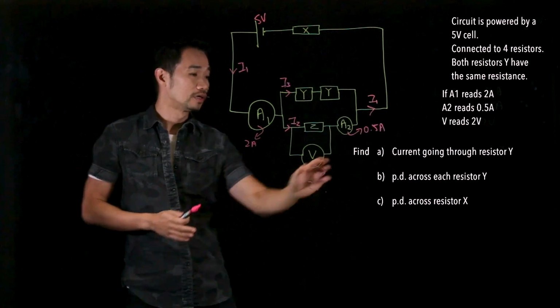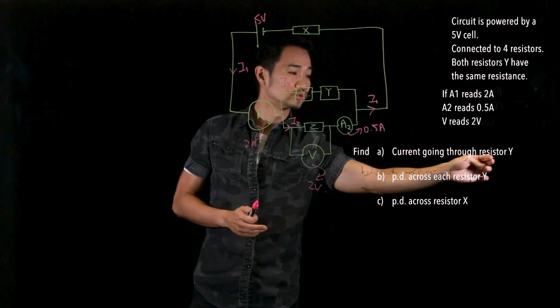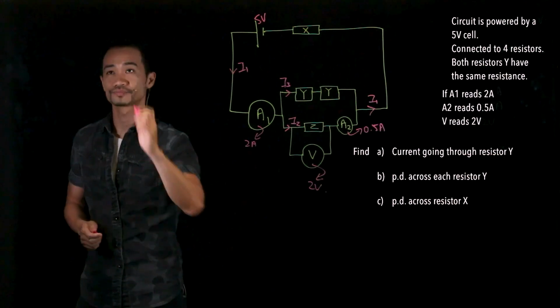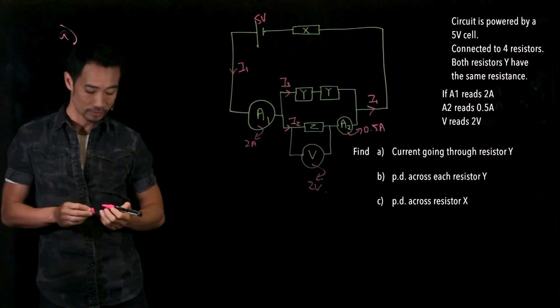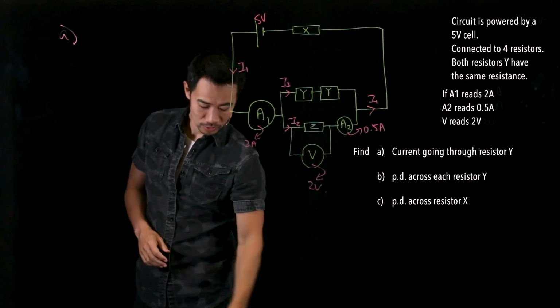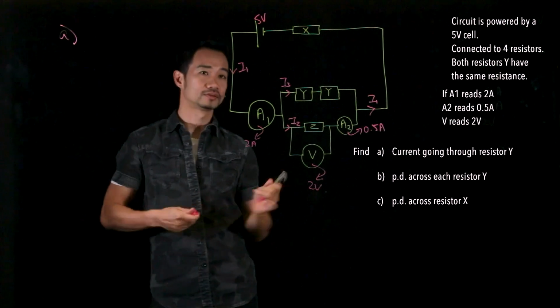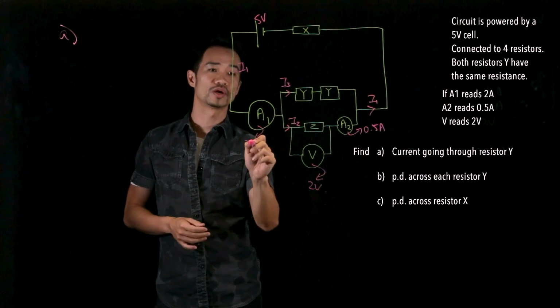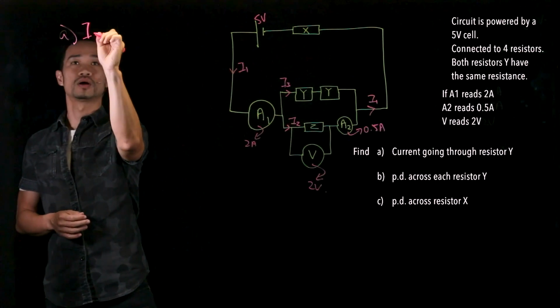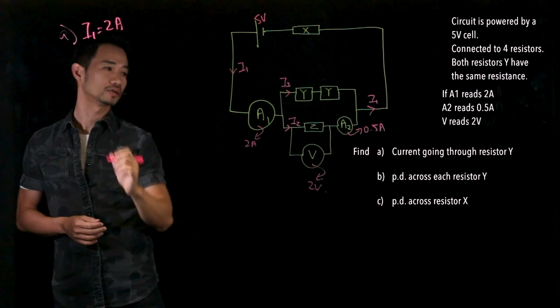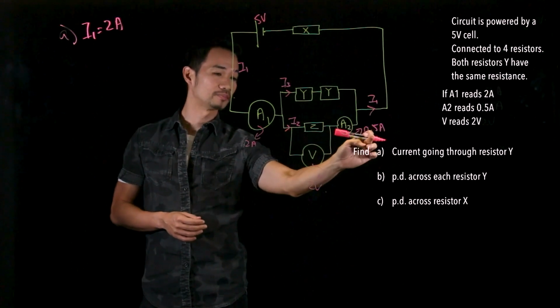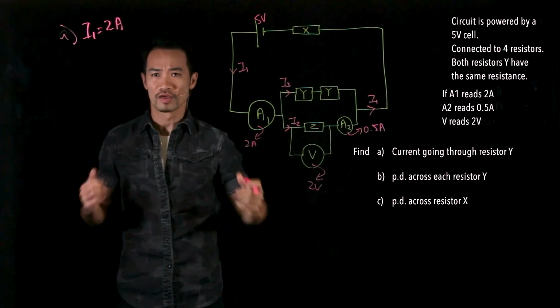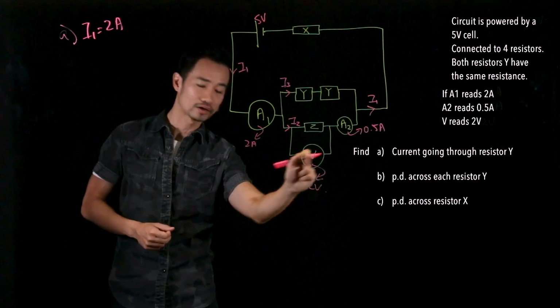So first question, A: find the current going through Y. We know that A1 is 2 amperes, so I1 is equal to 2 amperes, and this is 0.5 ampere. Remember, a voltmeter has very high resistance, so no current flows through it.